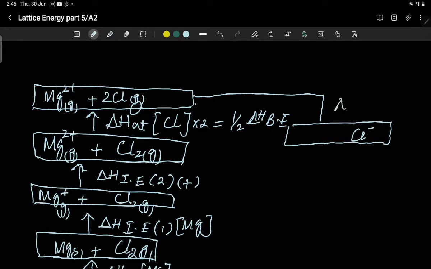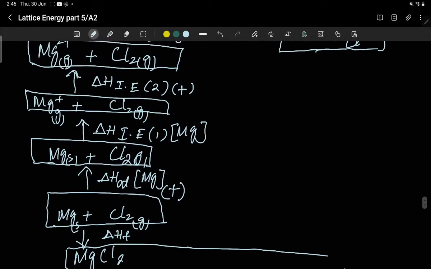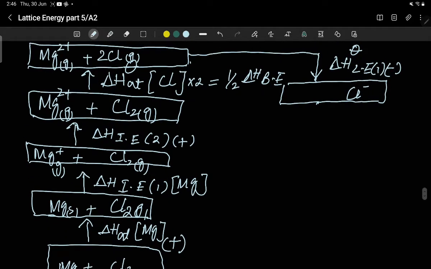It involves delta H lattice energy, and it is exothermic. First, lattice energy is always exothermic, sign is negative. And it is also multiplied with 2 because 2 chloride ions are formed.